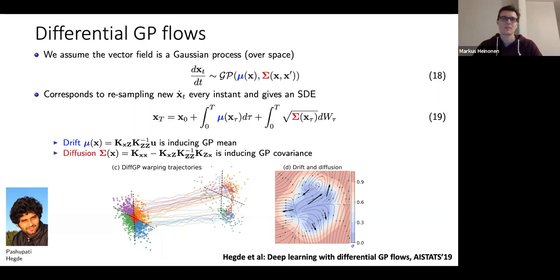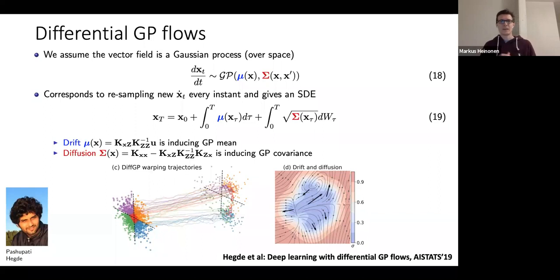So in this paper, we actually show that if you make this assumption that the differential of your state is a Gaussian process, then it actually corresponds, up to certain scaling factors, to an SDE system where the drift equals exactly the kernel mean, the Gaussian process mean, and the square root of the diffusion matrix equals the kernel of the Gaussian process. And then these two terms have these rather pleasing simple forms, at least for Gaussian process people.